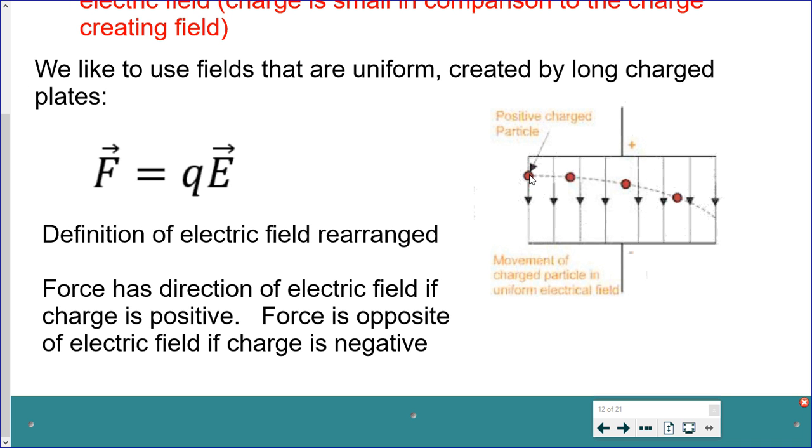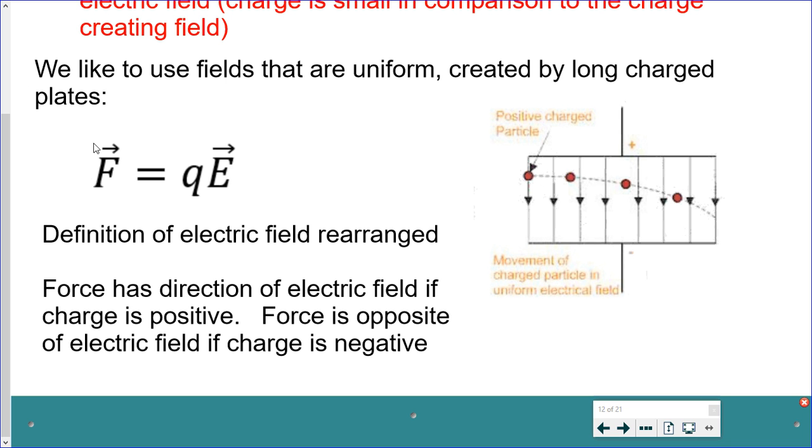And if we take a charge here, and let's say we have it enter that field region with some initial velocity, and that initial velocity might be going this way. And it experiences a force in that direction that is in line with the field, because that particle is positive. Remember, our electric field is defined in terms of a positive charged particle.